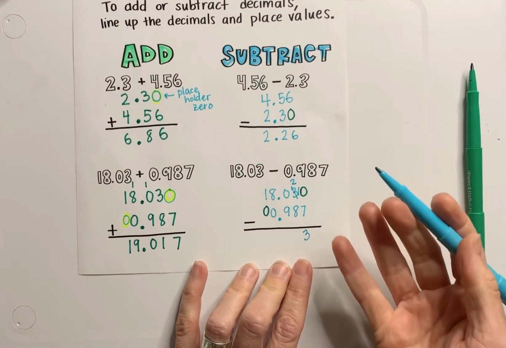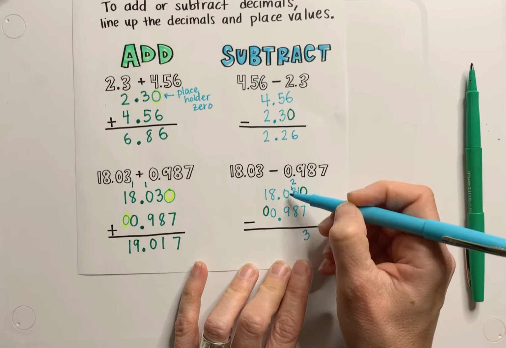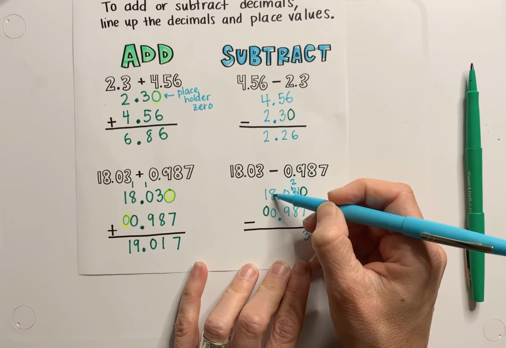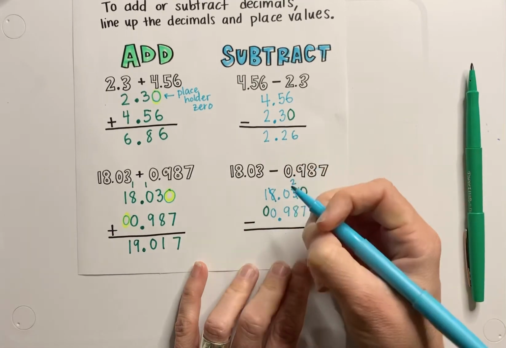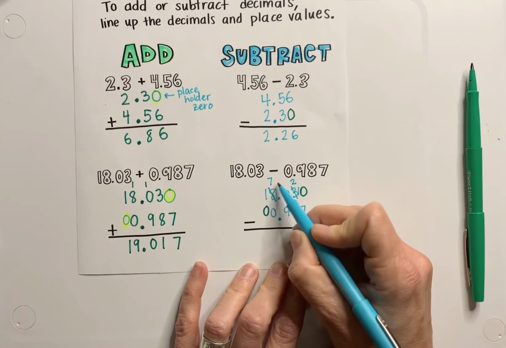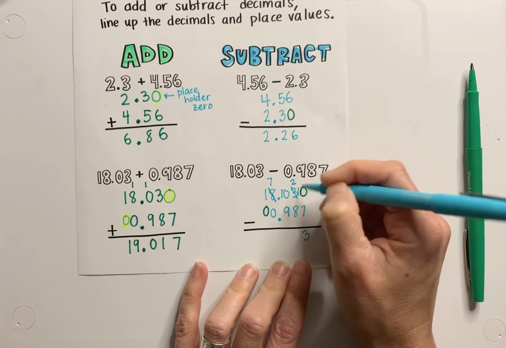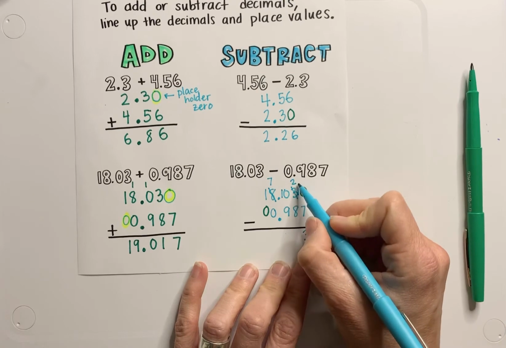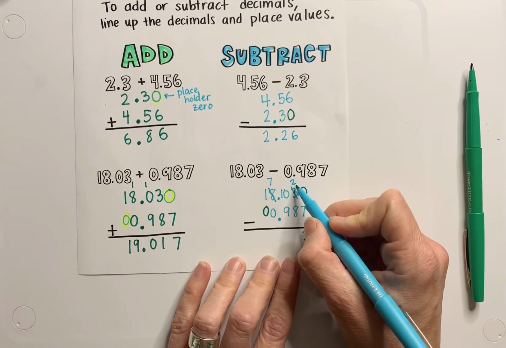Again, can't do that, so I'm going to go over to my next column. Uh-oh, I don't have anything, so I'm going to go to my next column. So 8. I'm going to regroup. I'm going to take one of those ones away, so the 8 becomes 7, and that becomes 10 tenths.